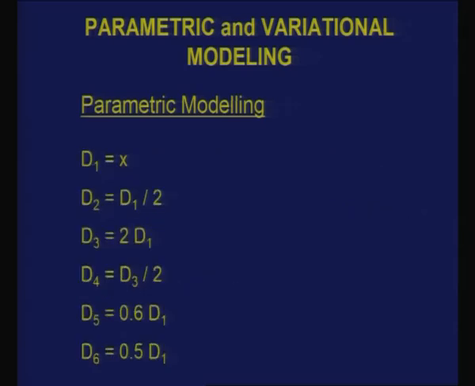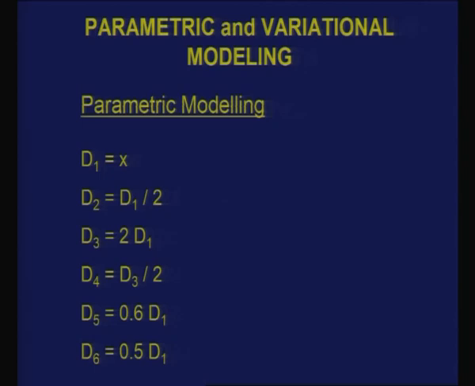Now, if I put the designer's intention in terms of the 6 parameters which we looked at, say that d1 is equal to x, where x is the input which somebody has to provide, which is nothing but the width of the object. And d2, one of the dimensions which defines the center of a hole, should be half of the width, because you are saying the center should be located there. So, d2 is d1 by 2.